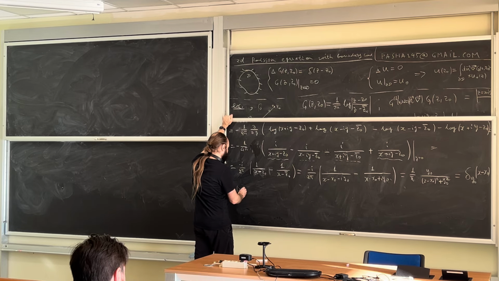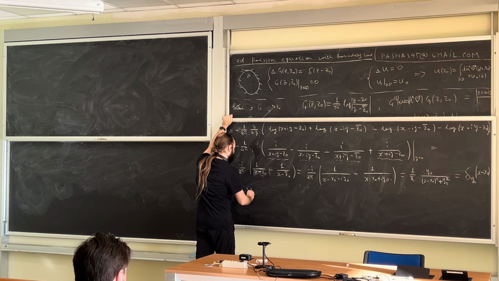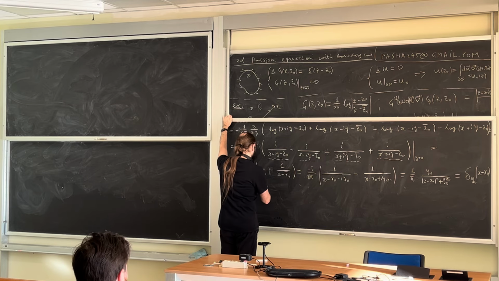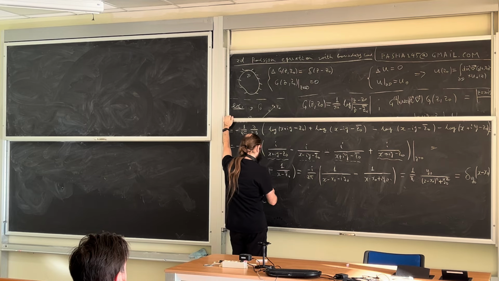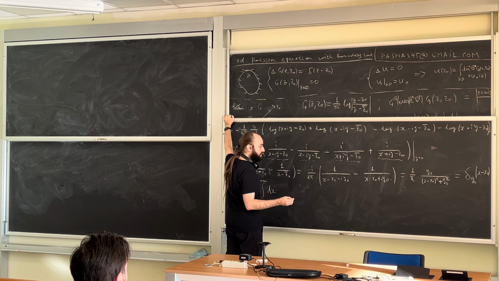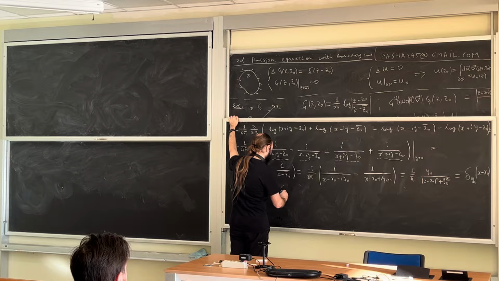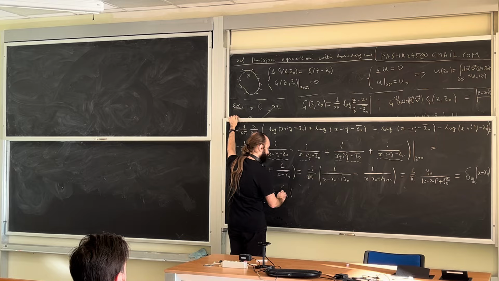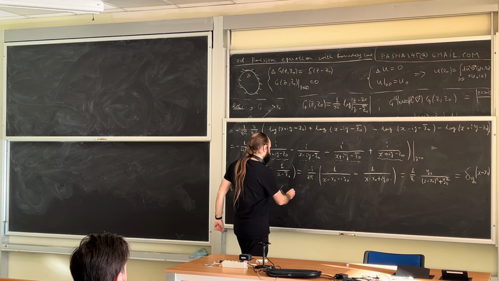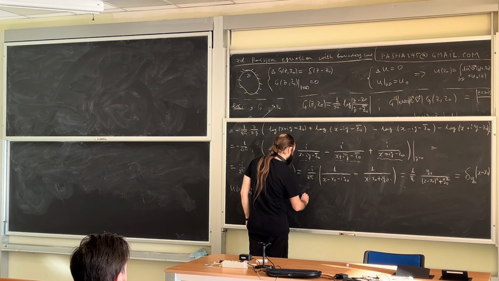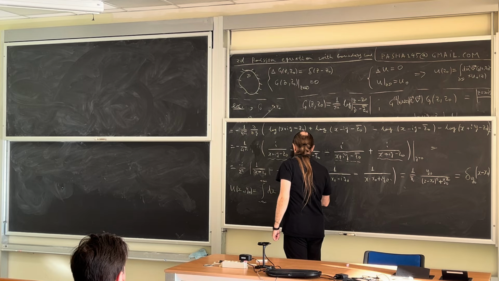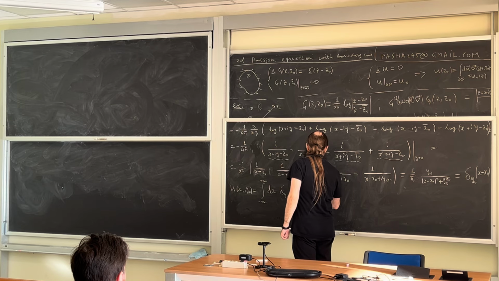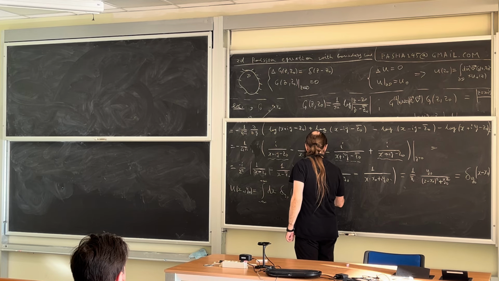U of x0 y0 is given by the integral from minus infinity to plus infinity dx delta y0, this particular delta y0 of x minus x0, times u0 of x.